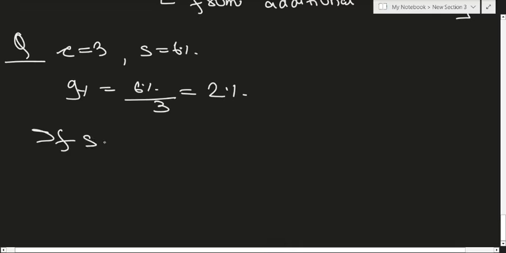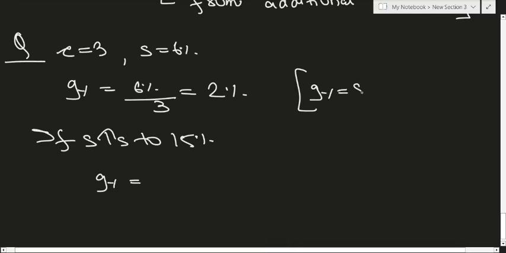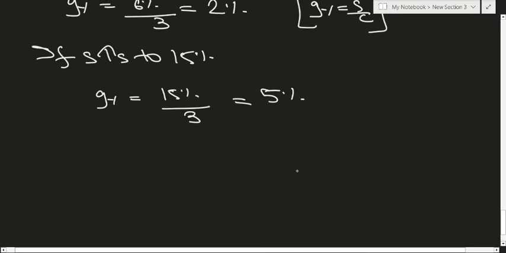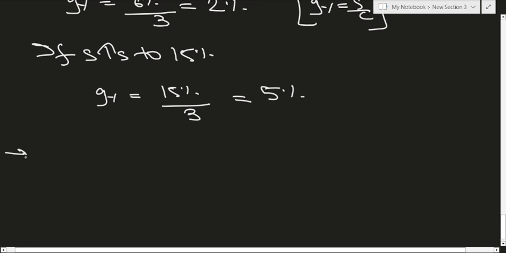Now if S increases to 15%, GY is S upon C, the savings rate upon the capital output ratio, 15% upon 3, we get 5%. So you see, if savings increases, GY increases.